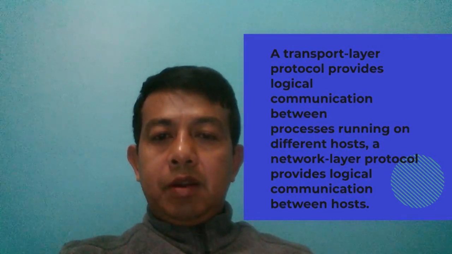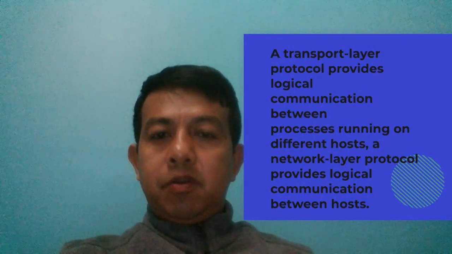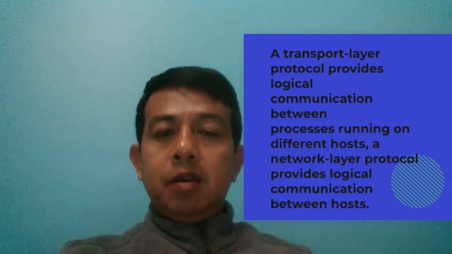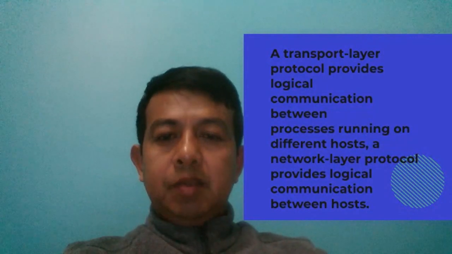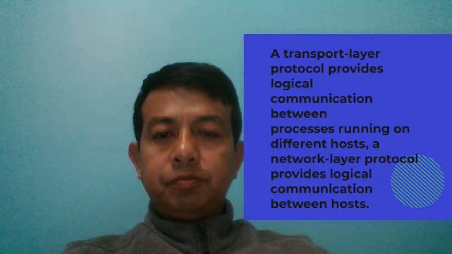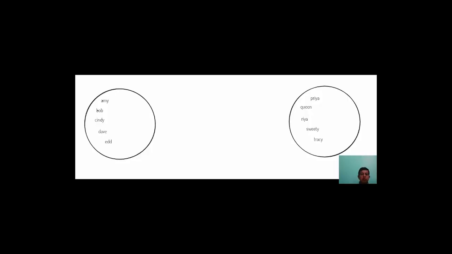So we'll take a very nice example from your textbook to understand this relationship between these two layers. Let's have this example right now. Say we have these two houses in two different cities, and these are the names of five children living in this house, and these are the names of five children living in the other house.